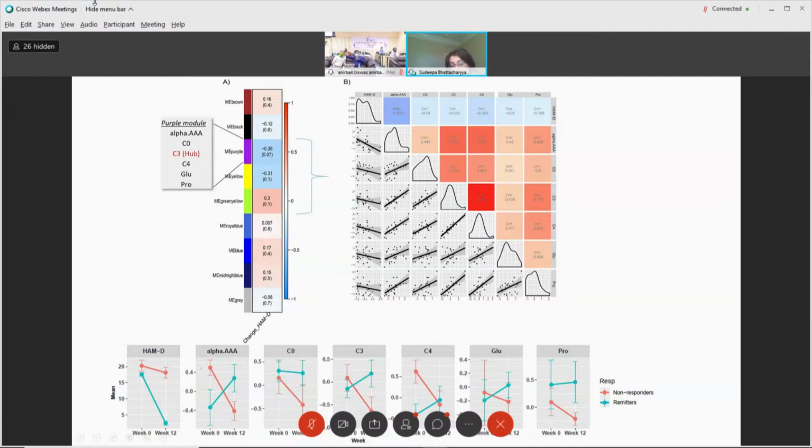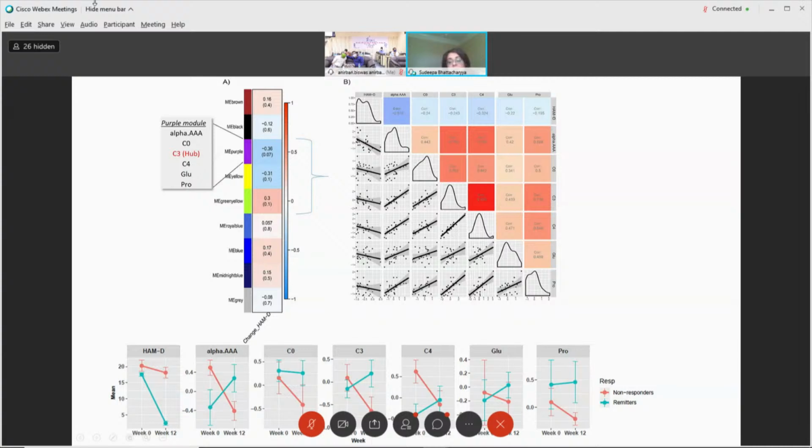If you look at the trajectories, the panel shows that HAM-D, or depression severity, falls drastically in people who remitted compared to those who did not, the treatment failures.